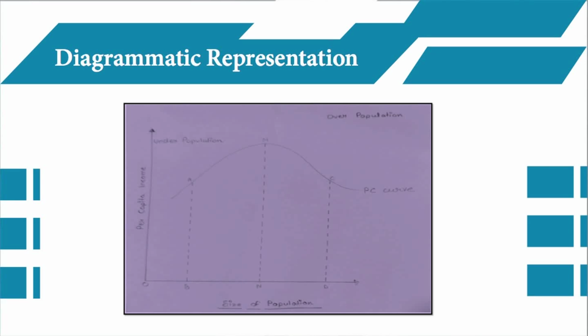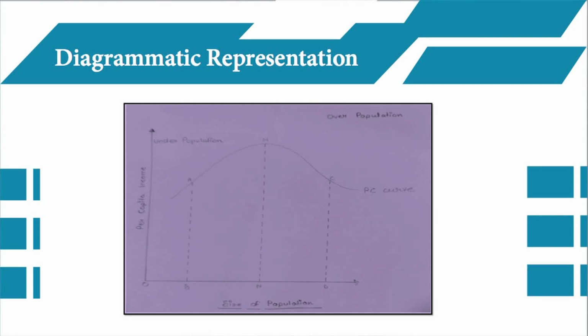Now please observe the x-axis. In the beginning, when the population is OB, the nation is underpopulated. The average income or income per capita for OB population is BA. This BA level of income per capita is less than the maximum income per capita level NM.